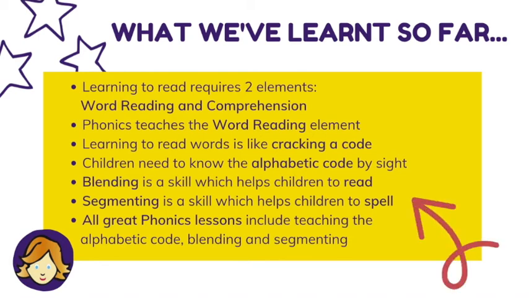To be able to do something with those letters, the children need to be able to blend, and that's a skill which helps children to read. They also need to learn to segment, which is a skill which helps children to learn to spell. And all great phonics lessons include teaching the alphabetic code and blending and segmenting both in single words and in sentences.